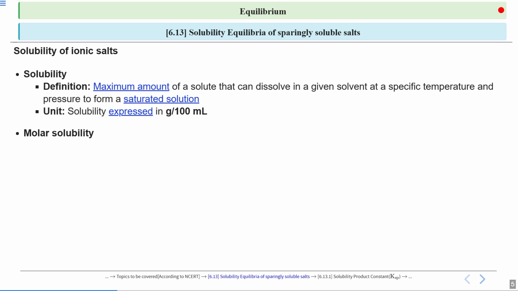But you will mostly see molar solubility in your numerical problems, because in terms of molar quantities, your calculation becomes quite easier. Now, what is molar solubility? It is the moles of solute which can be dissolved in 1 liter of a saturated solution. If you look at this definition, the parameters are changing for the solute and solvent amount.